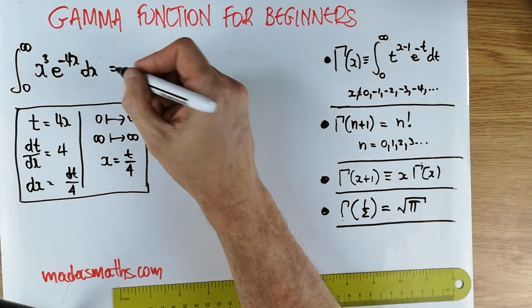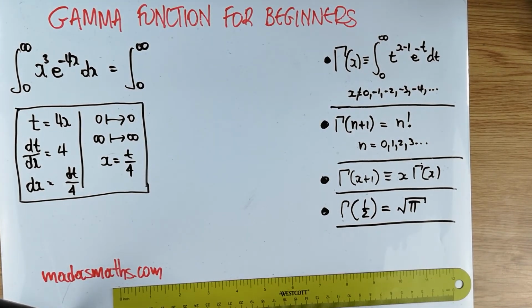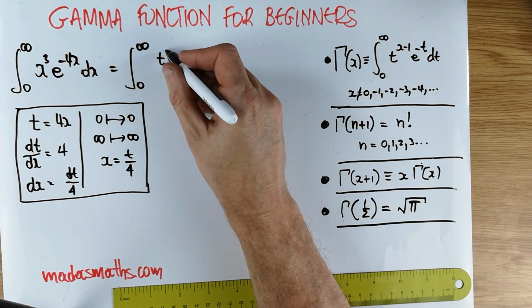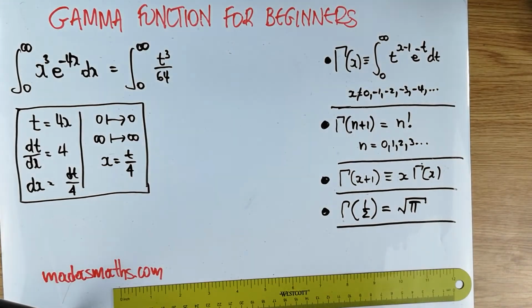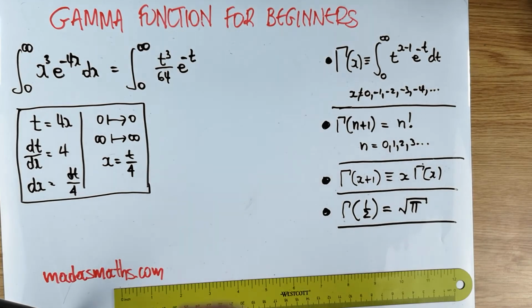Okay, and now let's transform the integral and see what happens. 0 to infinity. x cubed is going to be t cubed over 4 cubed, which is 64 in there. e to the minus t is what I've got in there. And where's my dx?